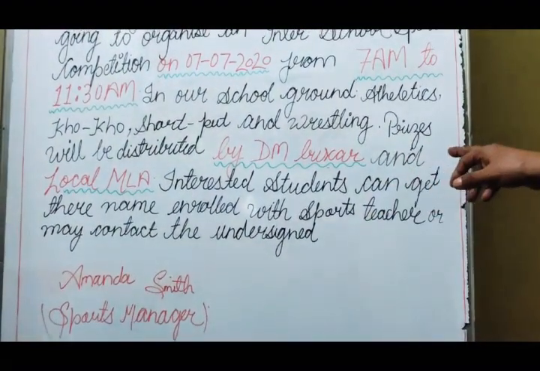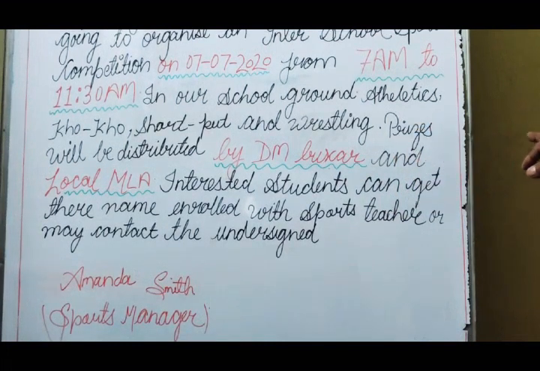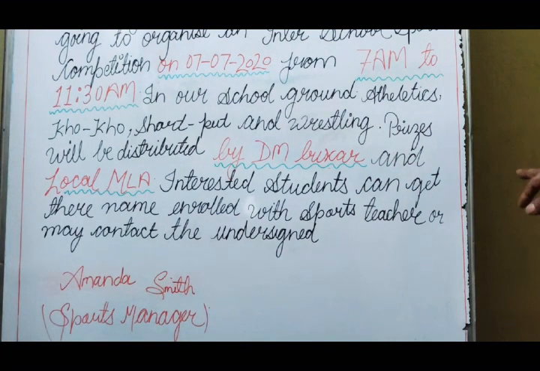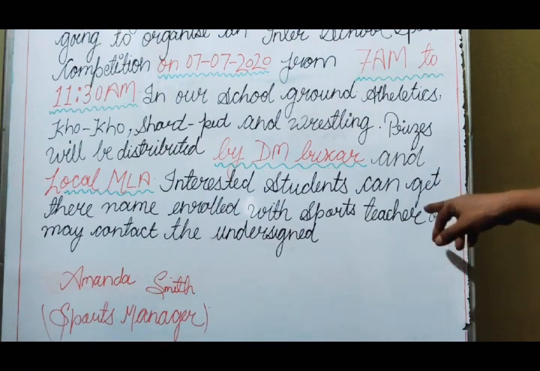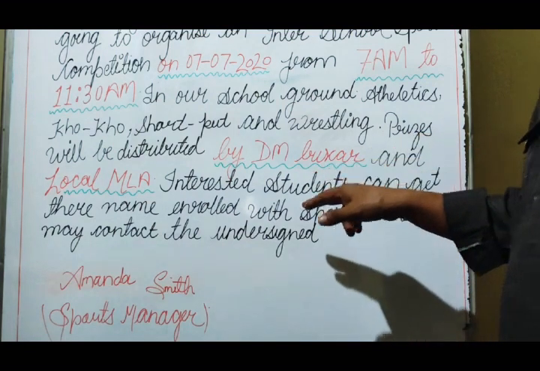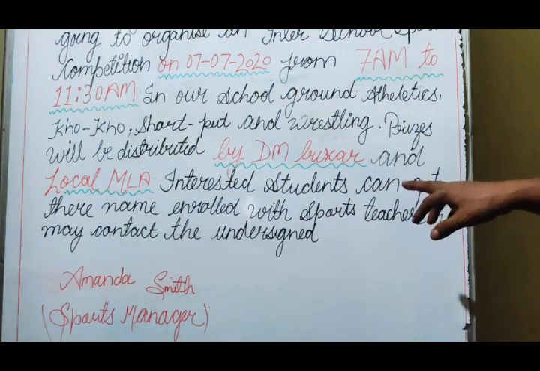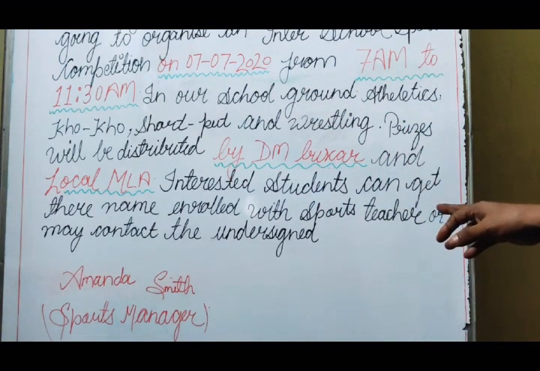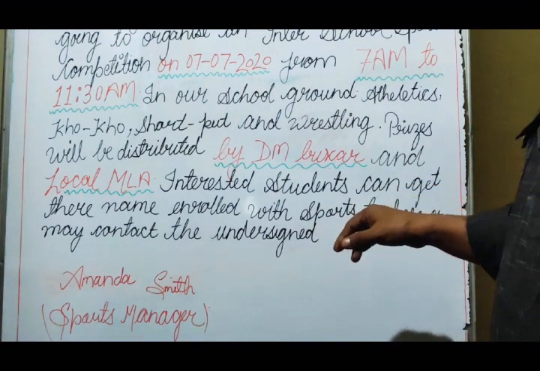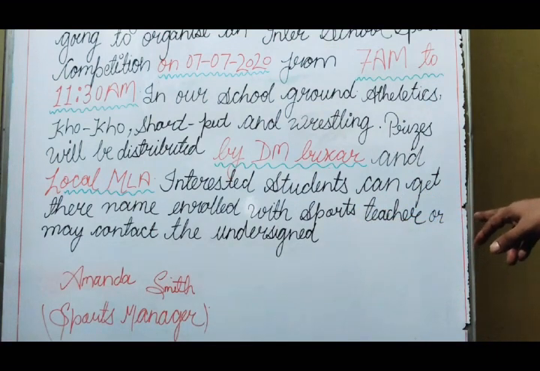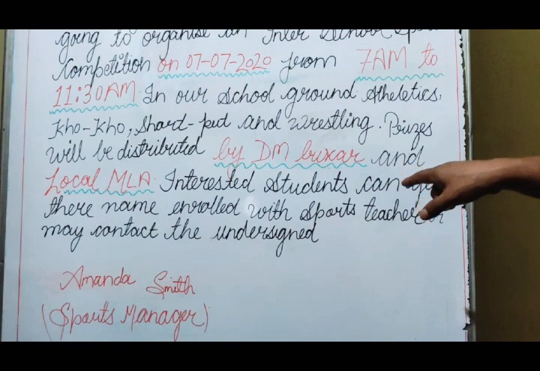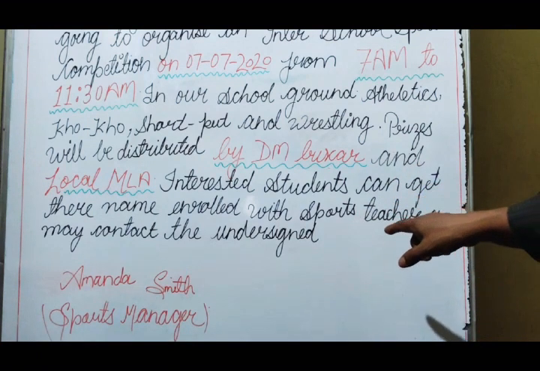So we write in this manner: interested students can get their name enrolled with the sports teacher or may contact the undersigned. Undersigned means the person who has put their signature below the main body of the notice. So we can see here it's Amanda, who is the sports manager of the school.